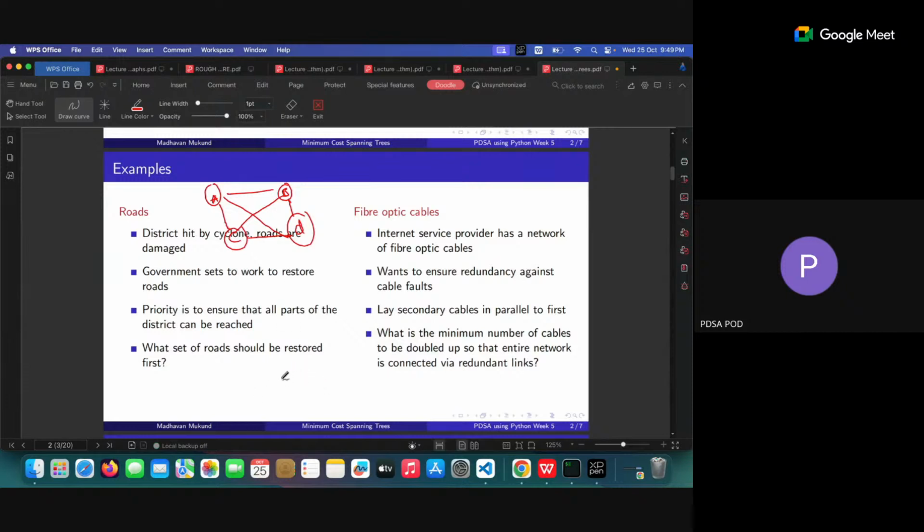What possible ways can they connect? Very simple: A to B, then B to D, and then A to C is one way.